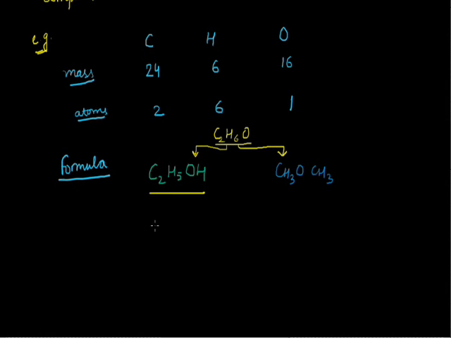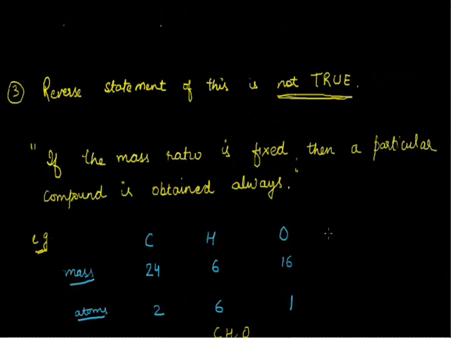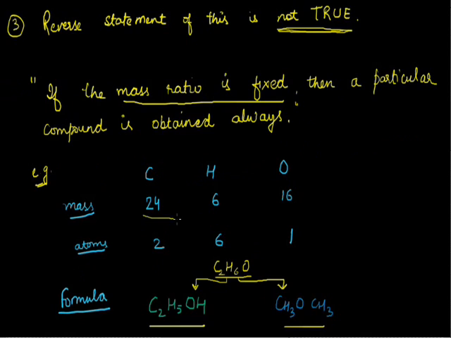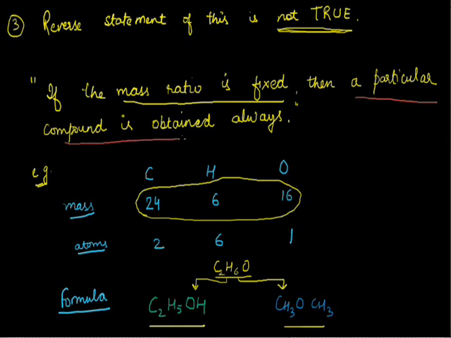But this is alcohol and this is an ether. So going back to the statement, here the mass ratio is fixed, but a particular compound is not always obtained. It means the reverse of this statement is not true. This is one of the exceptions of this law.